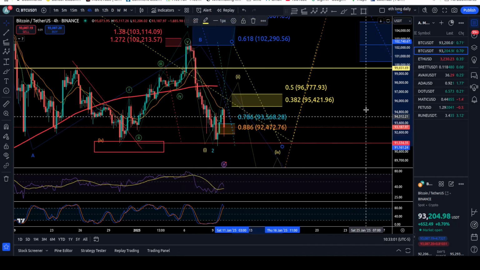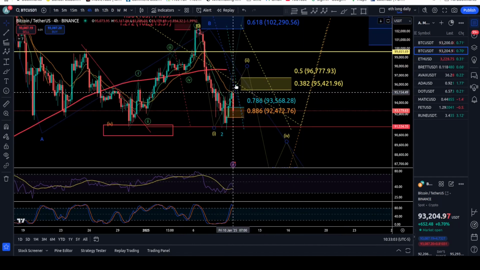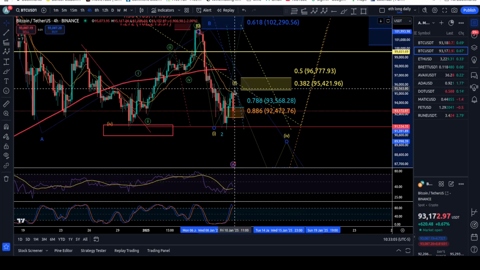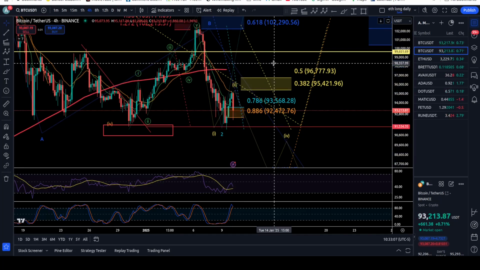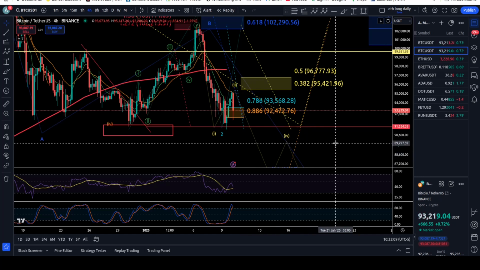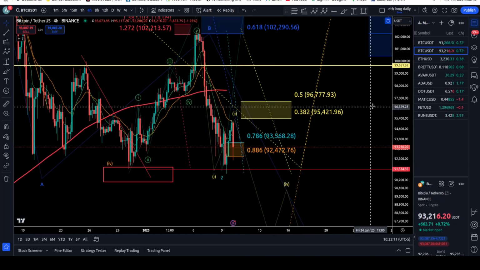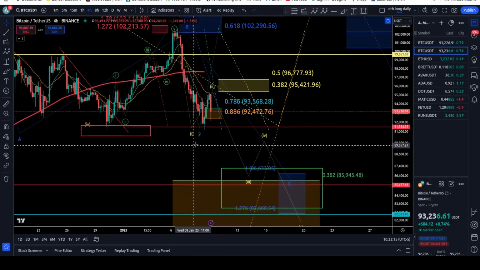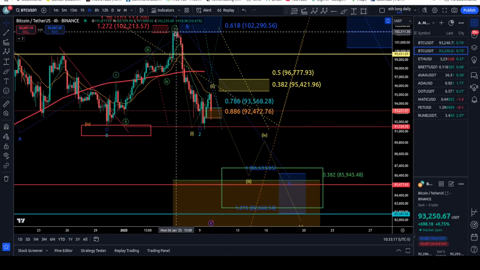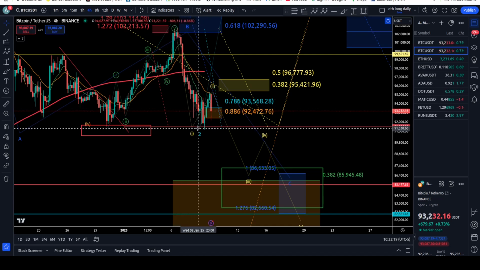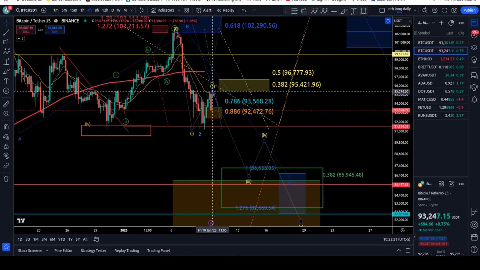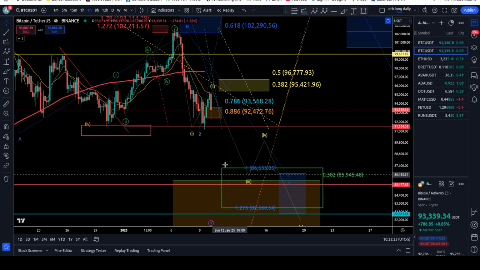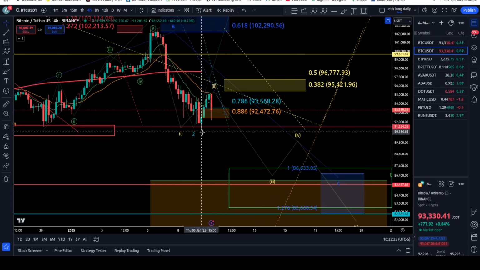I would be a little bit surprised if this was already the wave 2, but it could be possible. And now we would be into this third wave. All right, so we started from here, wave 1, wave 2, and now we would be on the third wave. I don't think so, because this wave 2 is too short.